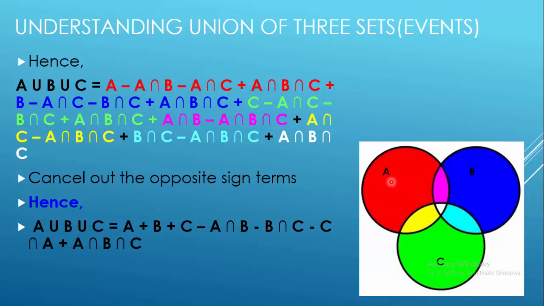A union B union C is this area over here, this area, this area, intersection B completely, this over here, and then we add this one because we have subtracted these areas more than twice. So finally we'll get this area, add it up, and we'll get the correct answer.